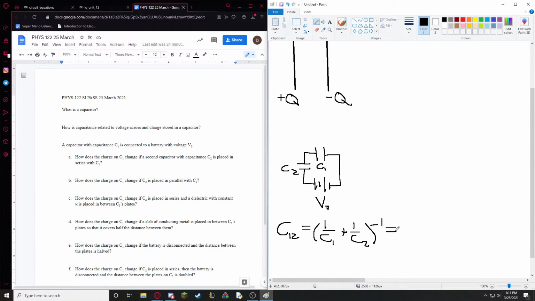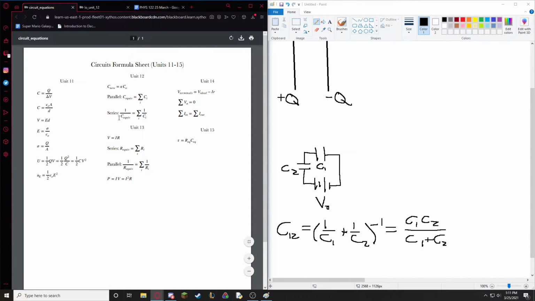Or another way you can write it, you can say it's C1 times C2 over C1 plus C2. It's mathematically the exact same thing.